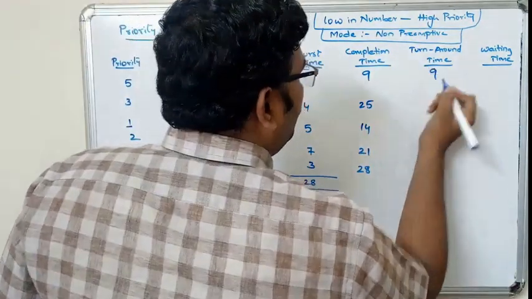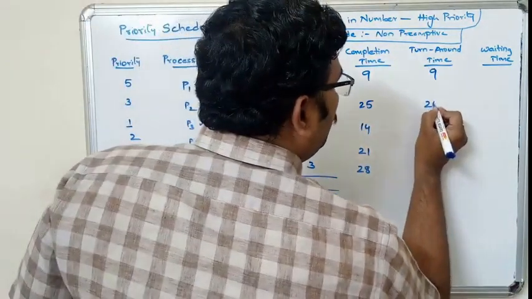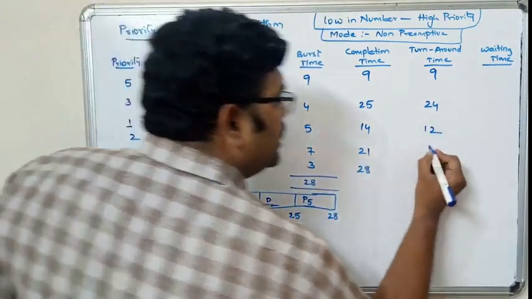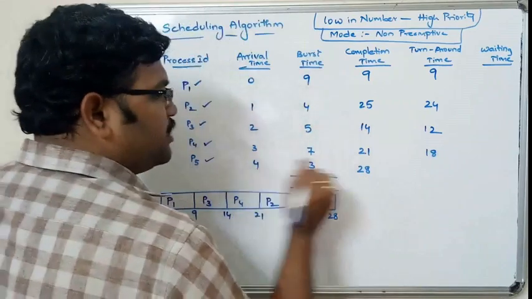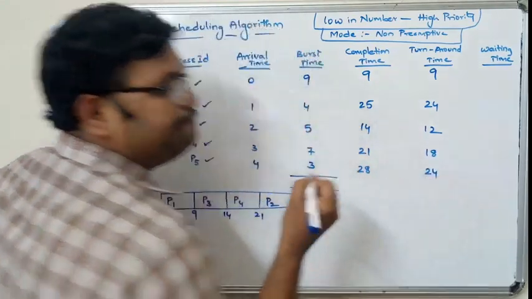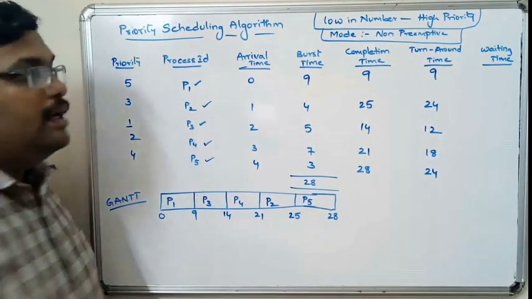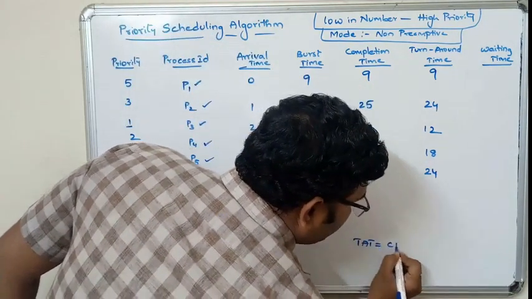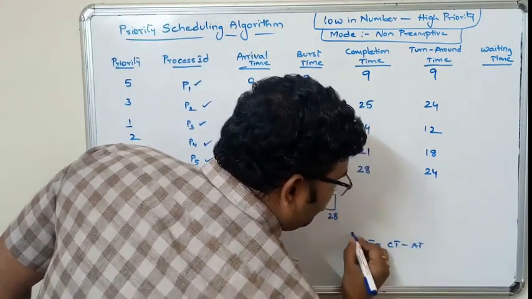So 9 minus 0, it's 9, 25 minus 1, it's 24, 14 minus 2, it's 12, 21 minus 3 is 18, 28 minus 4 is 24. Right? So this turnaround time is completion time minus arrival time.